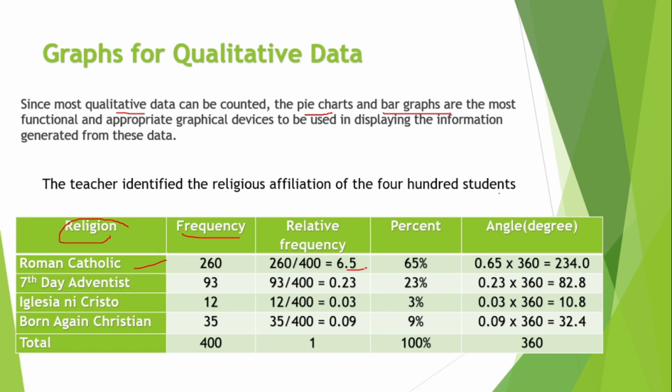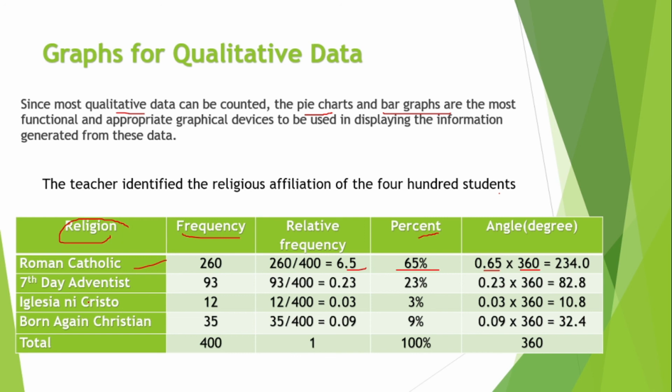To get the percent, you multiply 0.65 by 100. And to get the angle, convert this into a decimal, 0.65, and multiply it by 360. And we get the angle.